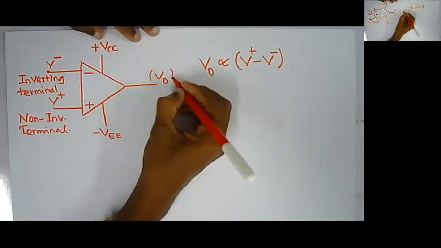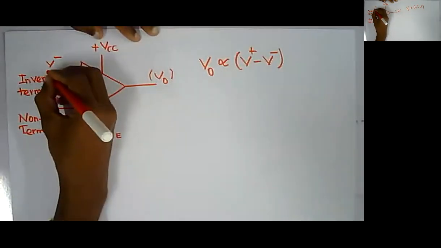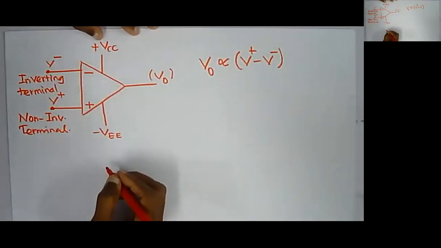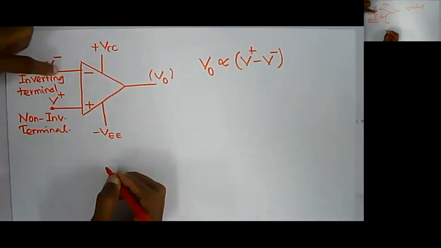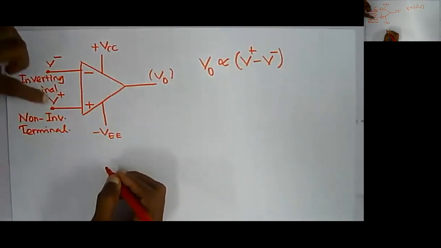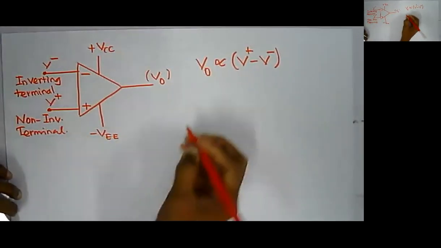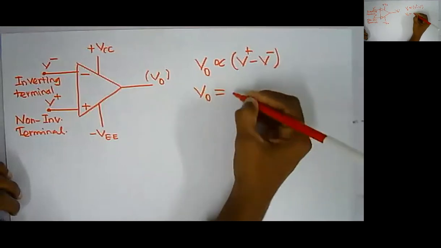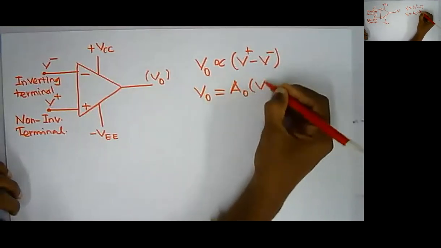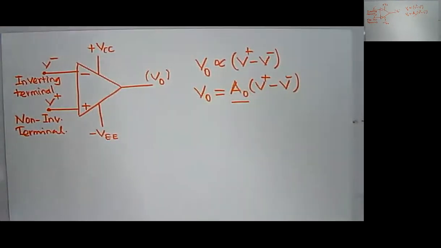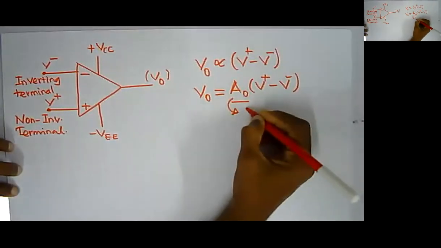So actually the voltage V out is directly proportional to the voltage difference applied between these two points, the difference between the non-inverting and inverting terminal. Always the non-inverting voltage minus the inverting voltage. So we can write V out equals A0 into V plus minus V minus, where this A0 is the open loop gain.